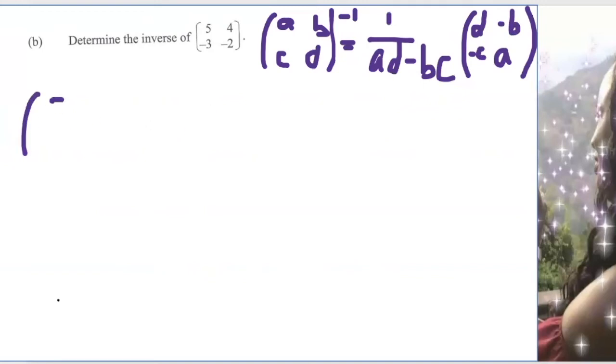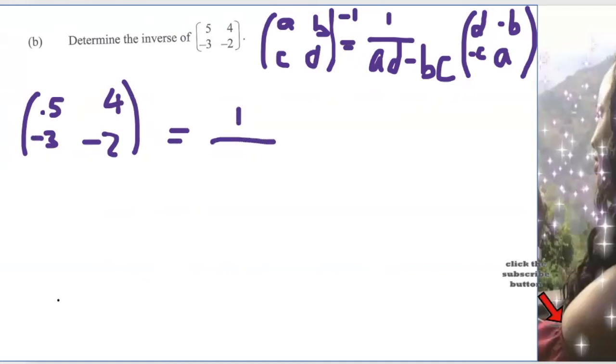So I'm going to find the inverse of 5, minus 3, 4, minus 2, which is the 2 by 2 matrix. It's equal to 1 over 5 times minus 2, that's negative 10, minus the BC, which is minus 3 times 4, that's minus 12.